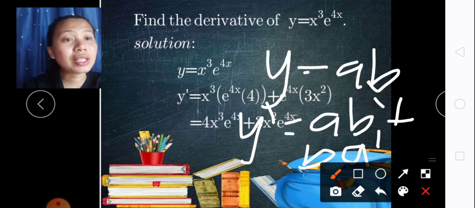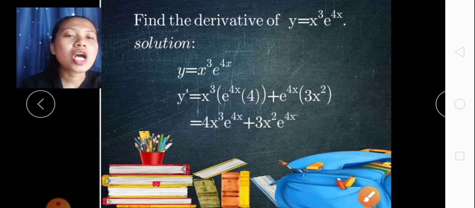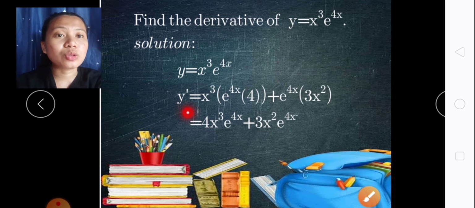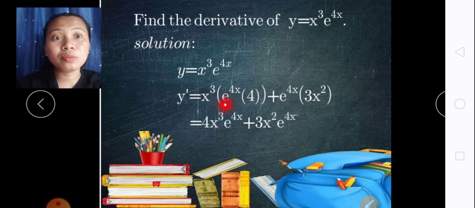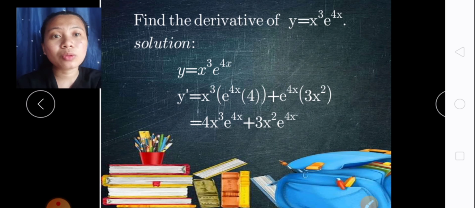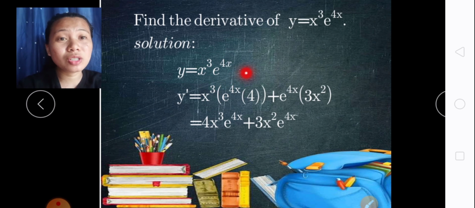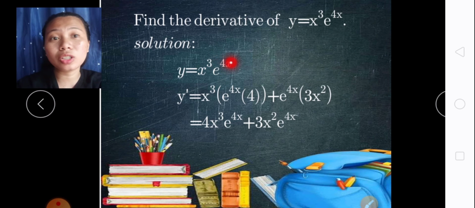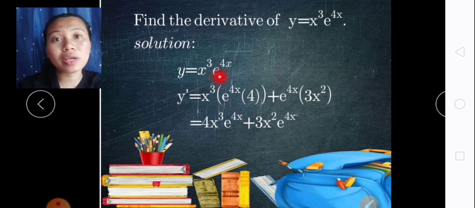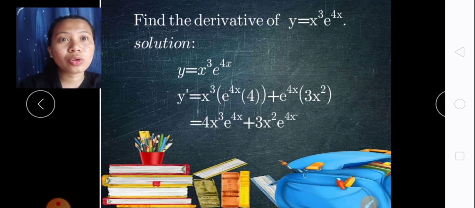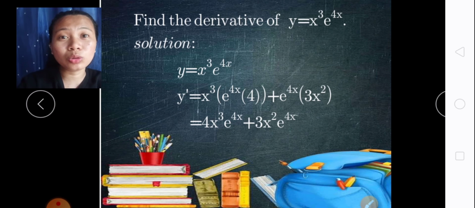So now we can use it to solve the example number 3. So the answer is y prime equals x cubed times the b, which is e to the 4x. This is our a and this is our b. So kaya itong gamiton man ang product rule.